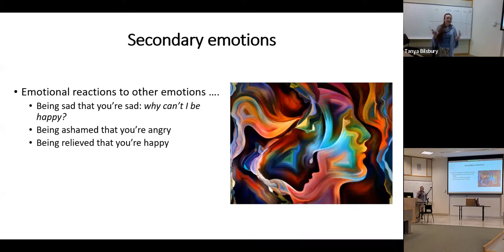People will sometimes tell you to let go of a feeling. Hard, if not impossible, to do that with a primary emotion. And maybe you even shouldn't, but you can sometimes question secondary emotions and what they mean and where they're coming from. Like if you're angry, maybe it's enough to be angry without adding the feeling of being ashamed that you're angry, right? Because then you have 2 problems.